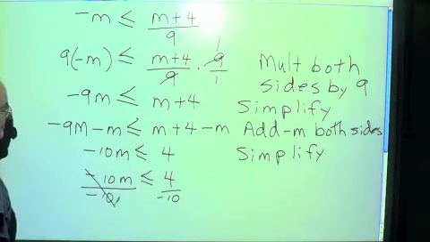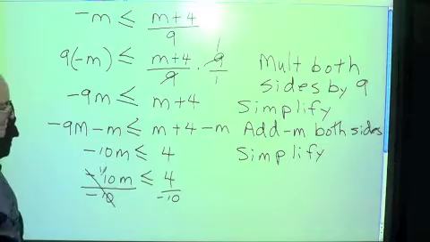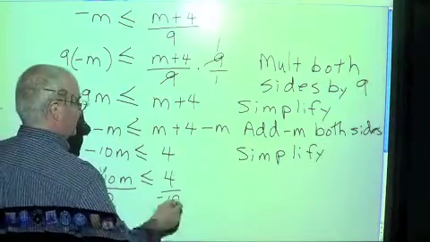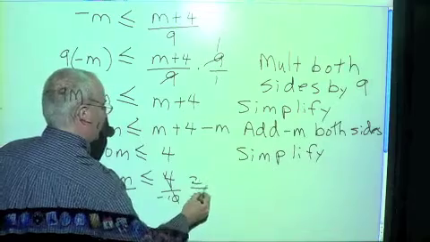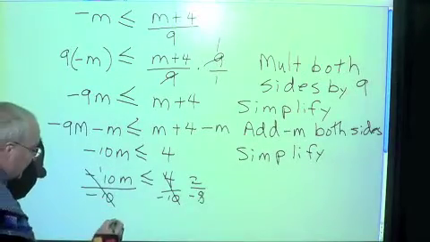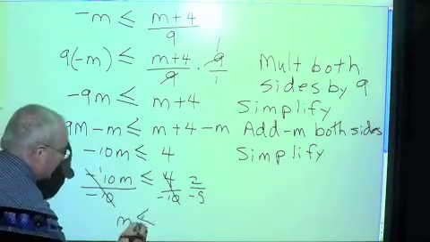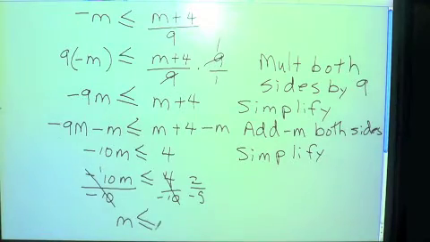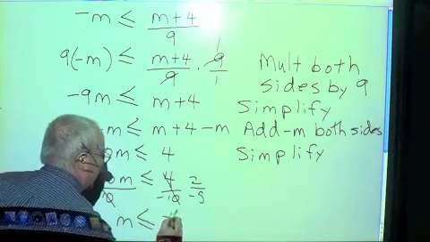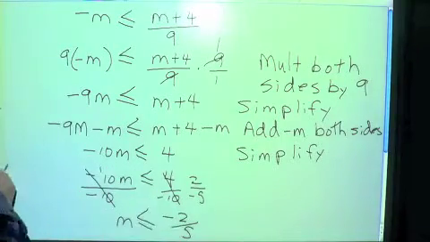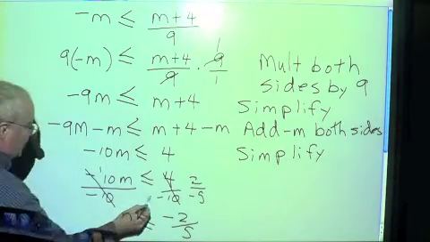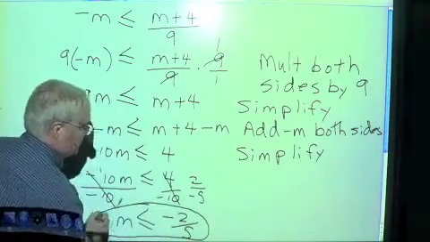This right here is going to divide out and leave us with a 1. This right here is going to come out and leave us with a 2 divided by negative 5. So let's simplify. M is less than or equal to negative 2/5. Don't forget this negative, okay? Because you'll be in a mess.